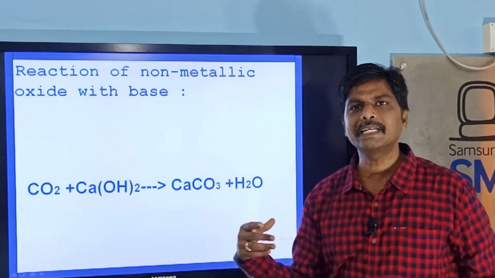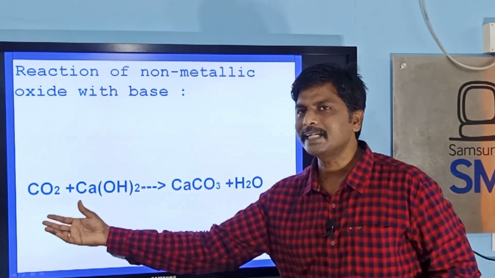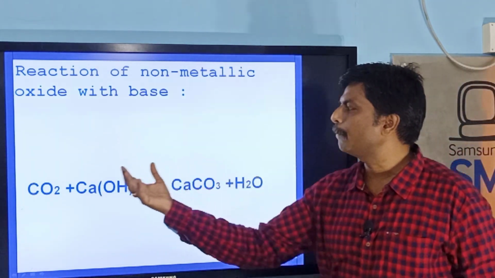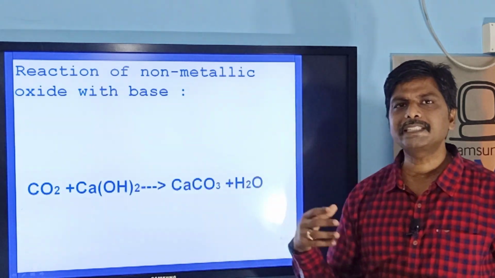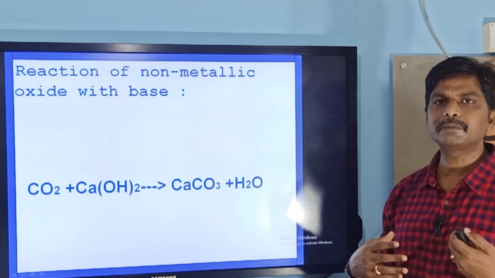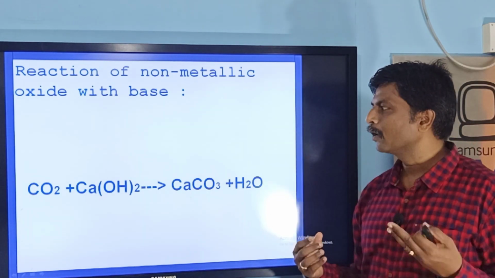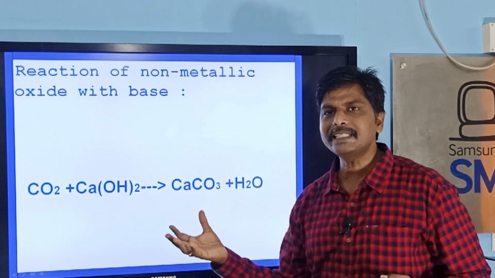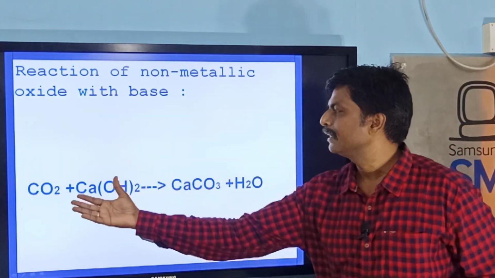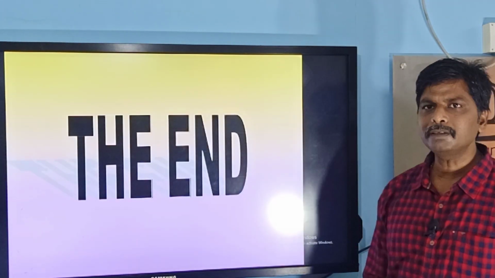That means oxides of non-metals are acidic in nature. Non-metal oxides, for example CO2, oxides of nitrogen, phosphorus, sulfur. Phosphorus, nitrogen, sulfur, chlorine, carbon, all these are non-metals. Their oxides are acidic in nature. They react with base to form salt and water. So, okay, thank you.